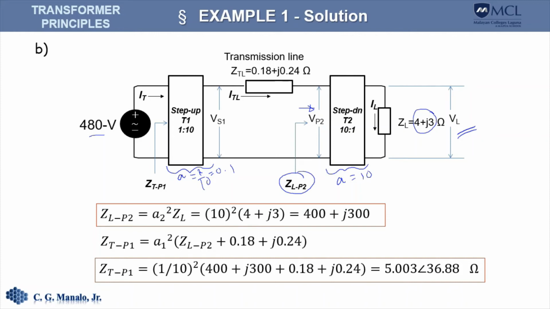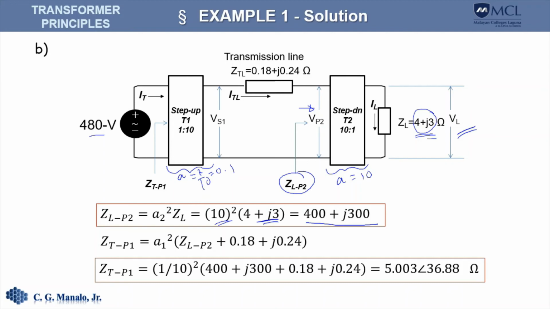Okay, so based on our discussion a while ago, this impedance would look like 10 squared times the impedance, and that should give us this value. So this impedance here looks like 400 plus j300 on the primary side of transformer 2.